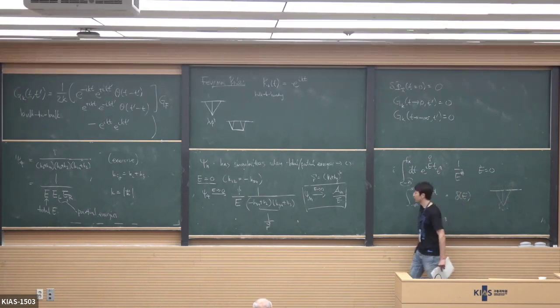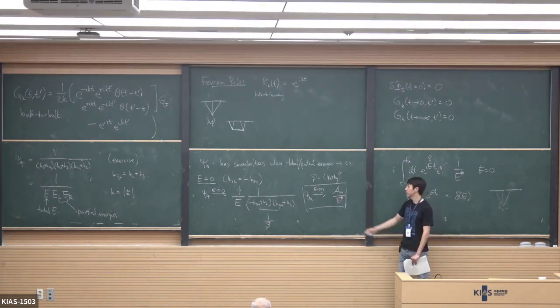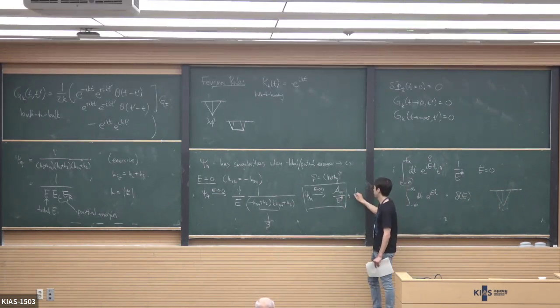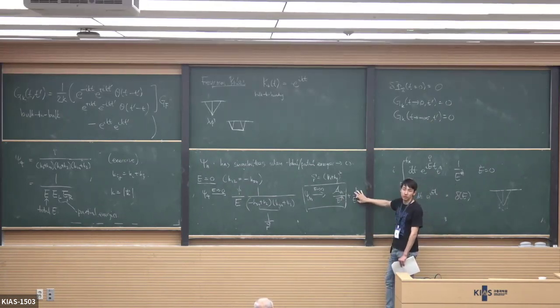But the argument is the same: the leading singular behavior is given by the amplitude. But there could be some subleading corrections as well. So if this is E to the minus n, there could be E to the minus (n-1) and so on. These terms don't really have a nice interpretation in terms of a purely flat space object like amplitudes.